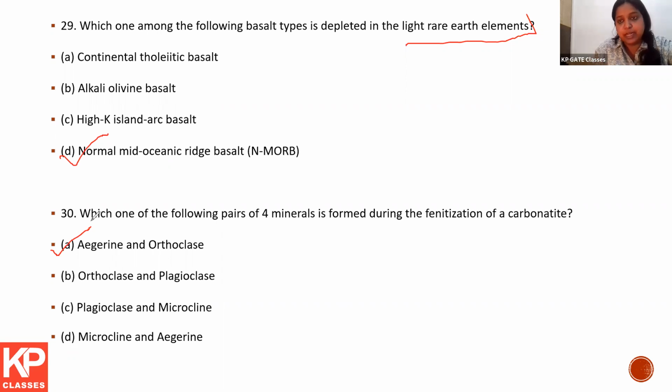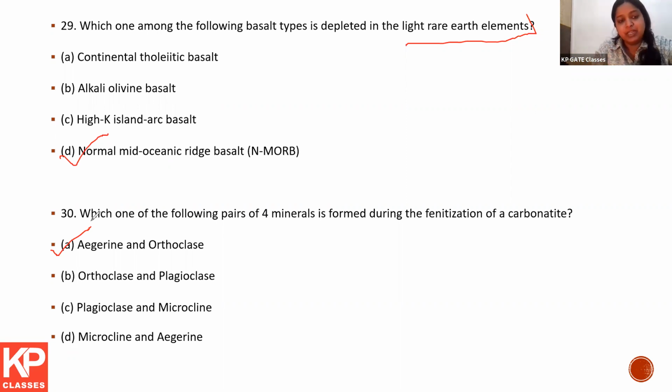Fenitization is a direct question if you know what it is. It is a metasomatic reaction: when chemically active fluids interact with carbonatite, it causes the addition of sodium and potassium cations into the country rock, causing formation of sodium-rich pyroxene, aegirine, and the alkali feldspar, orthoclase. So fenitization is actually alkali metasomatism. Another name for alkali metasomatism is fenitization.